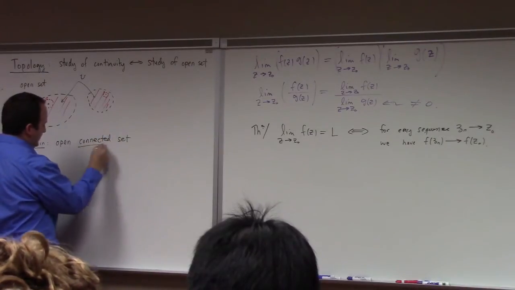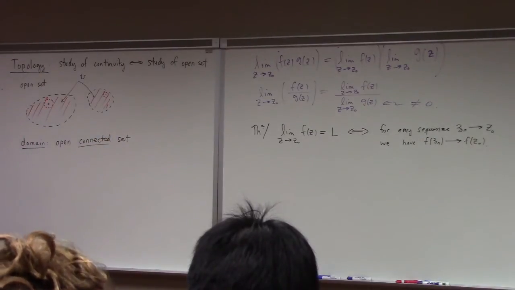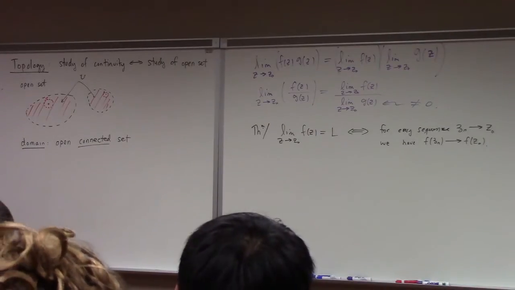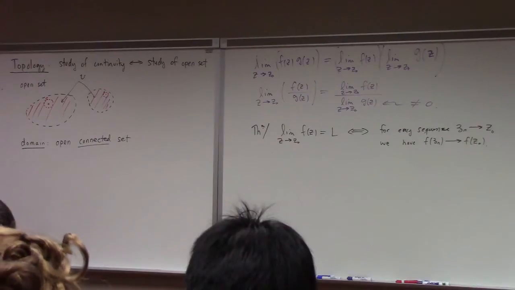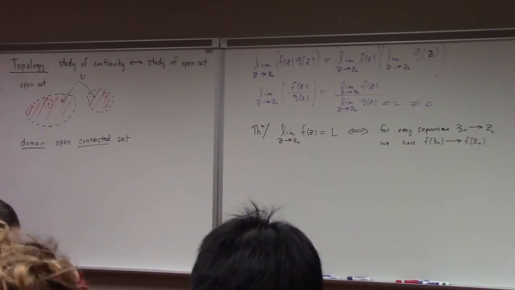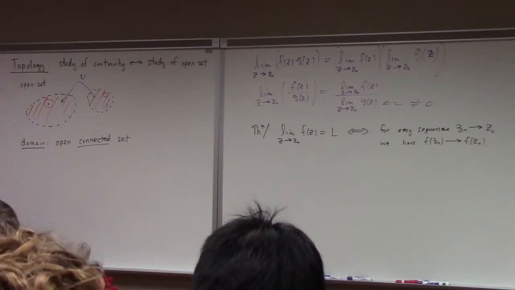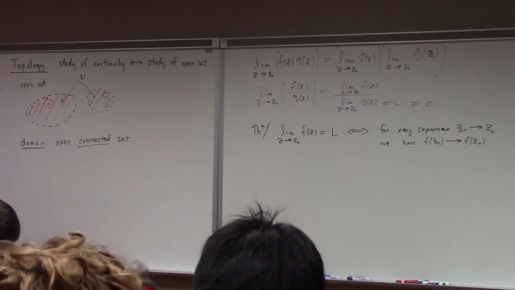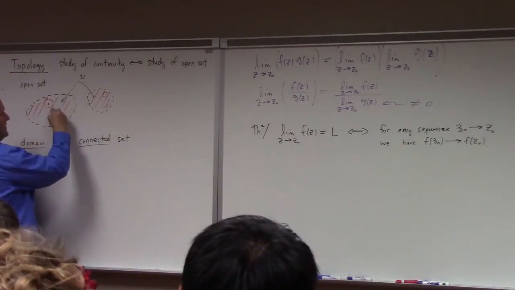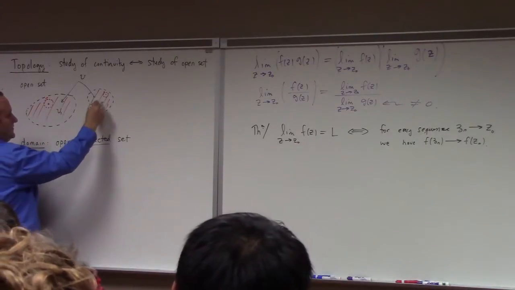It's open and connected. It begs the question, what does connected mean, right? Well, it means you can't separate the set into pieces which are disjoint, right? So the example I have above is not a domain because it's been disconnected, right? I found a separation. It's separated into, let's say this is U1, this is U2.